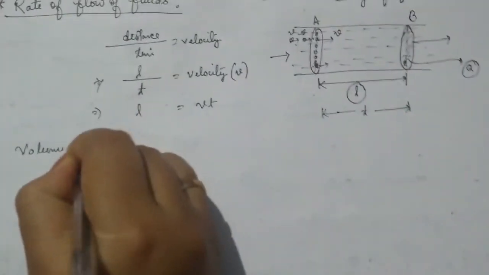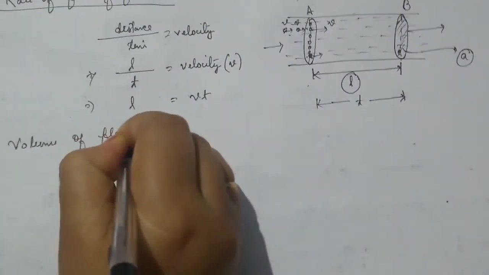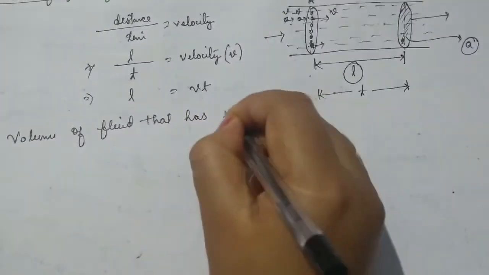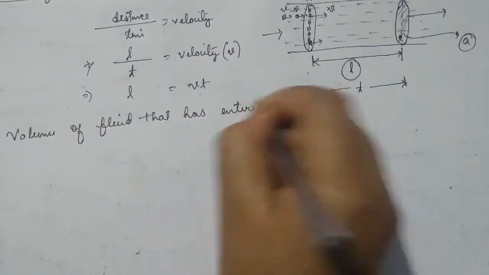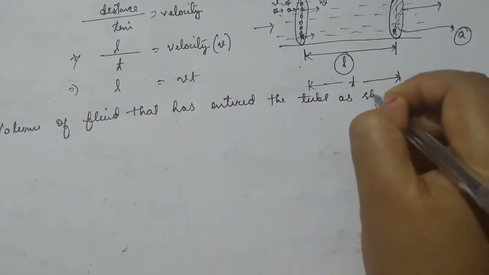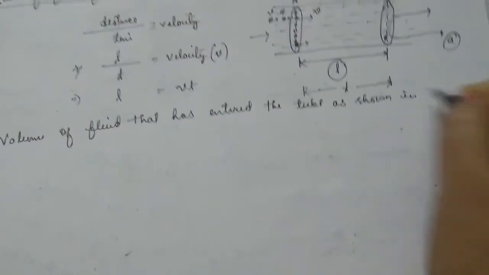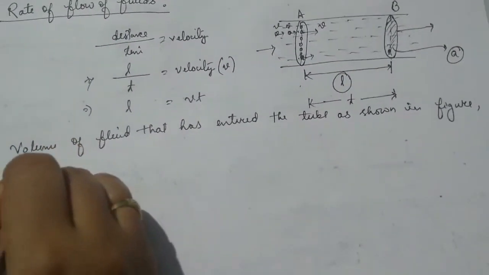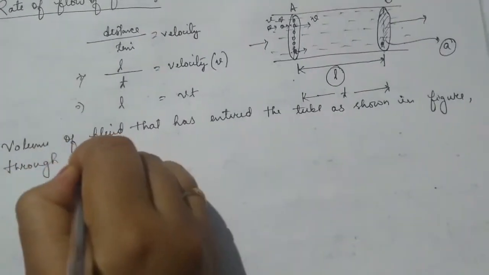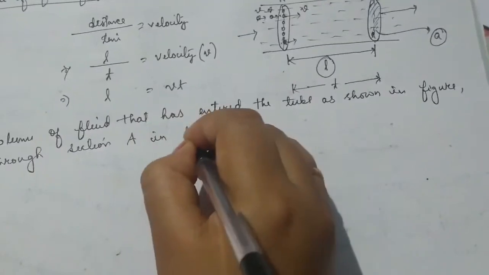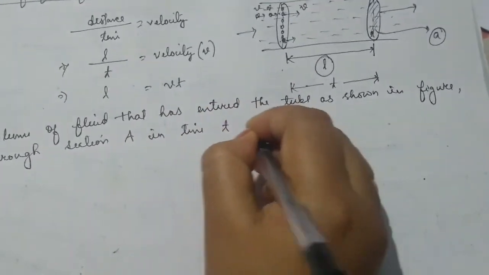Volume of fluid that has entered the tube as shown in figure, through section A in time t is equal to, what is my question?